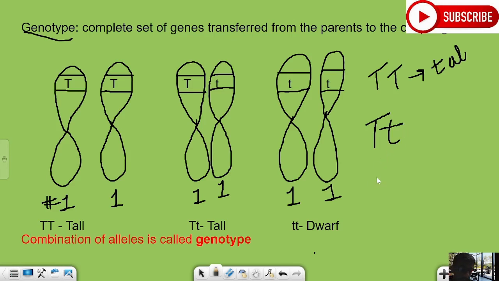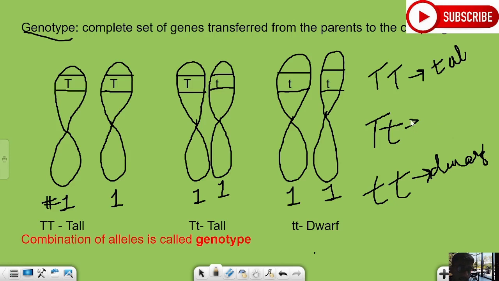So this may be the condition, and there is also a condition where only small t can arise. In this condition, the organism will be dwarf. The next condition is the middle one, right?